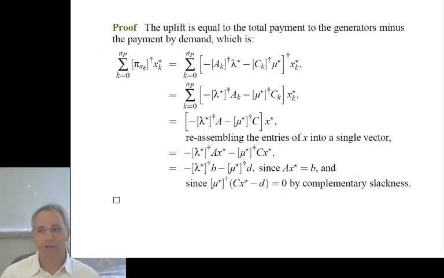So, just repeating, we've reassembled these entries into minus lambda star transpose A minus mu star transpose C X star.